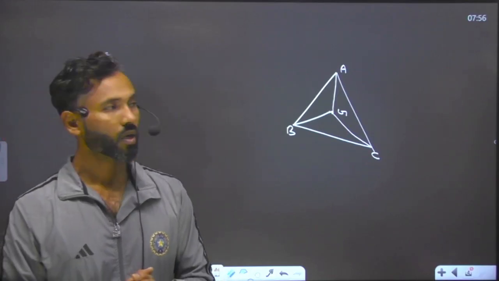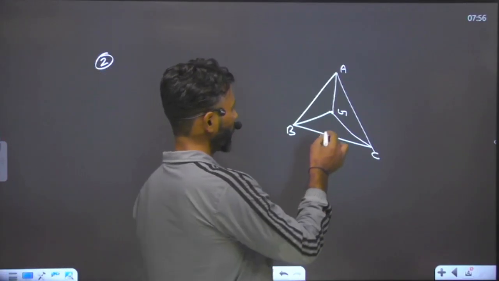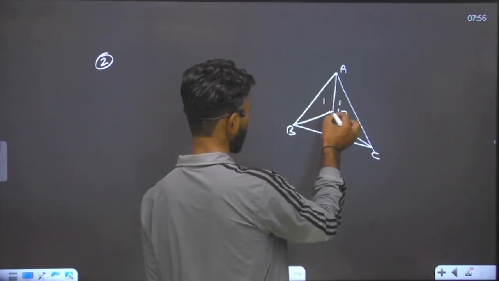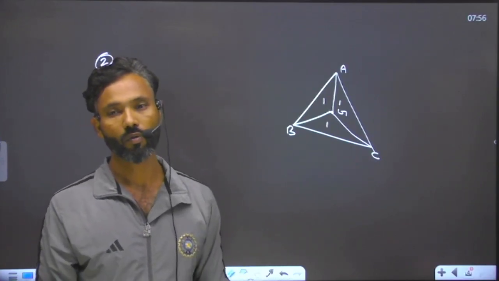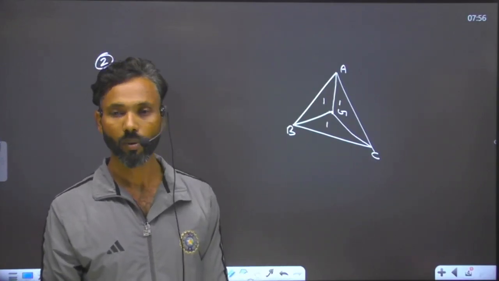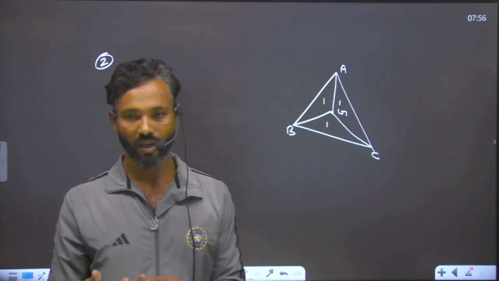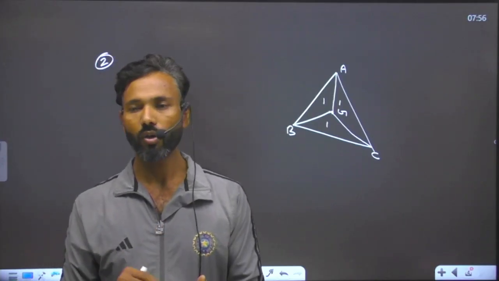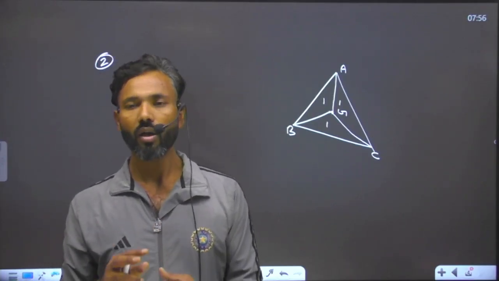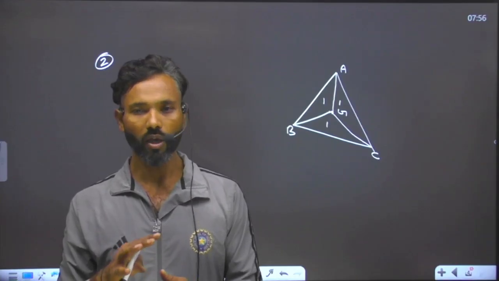You can say the area of each part will be equal. Suppose this is 1, this is 1, this is also 1. So the property says that if you are joining each vertex with the centroid, then the triangle will be divided into 3 equal parts.